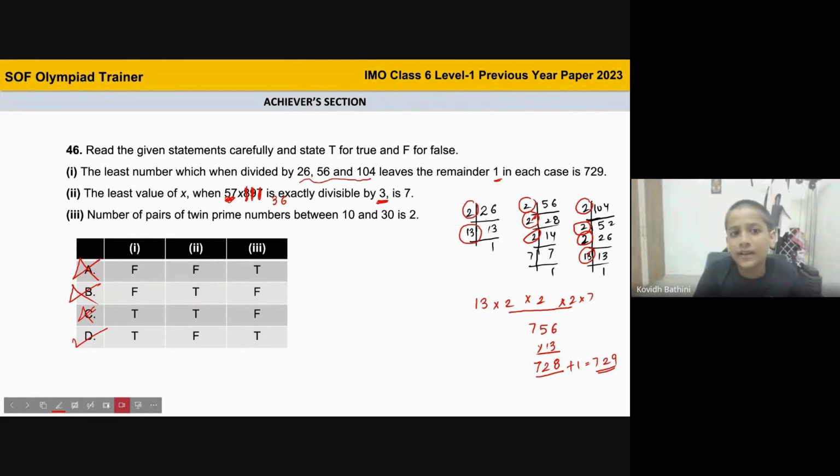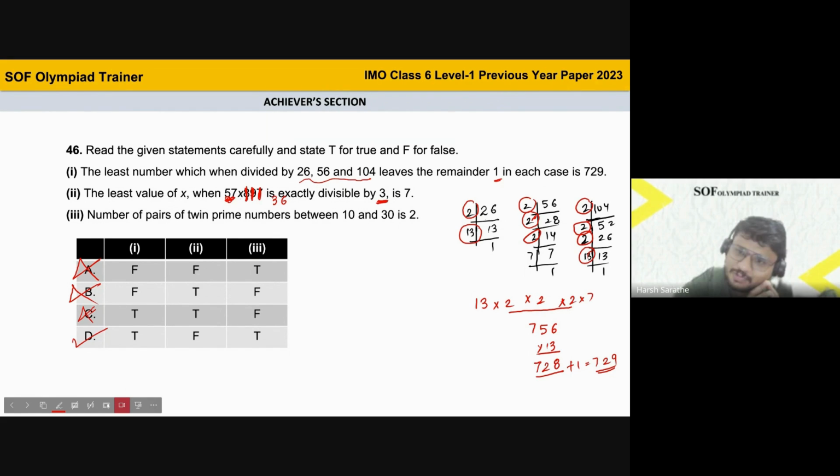Sir, in the first statement, instead of finding the LCM, we can just remove 1 from 729. We'll get 728 and just divide with all. Yeah, that you can also do. But I guess dividing with these three numbers, LCM is more easy.